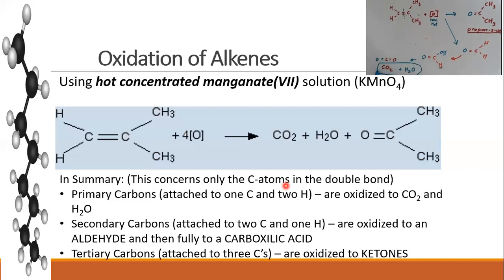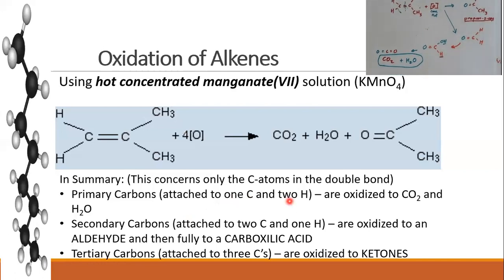So if we have a primary hydrocarbon attached to two hydrogens, it will be fully oxidized to carbon dioxide and water. This is my first point there. Primary carbon attached to two hydrogens are oxidized fully to carbon dioxide and water. Very important.